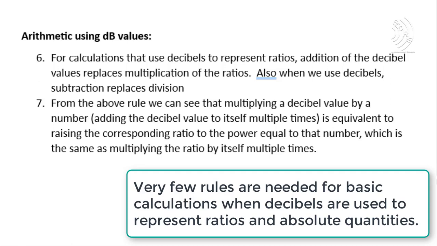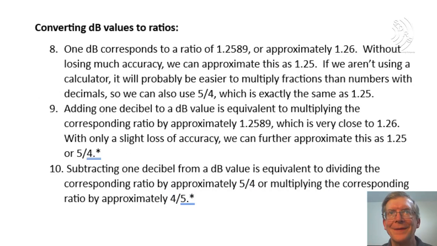And from that rule, we can see that multiplying a decibel value by a number, which is just adding the decibel value to itself multiple times, corresponds to raising the original ratio or absolute quantity number to a power, which is really just multiplying that number by itself multiple times.